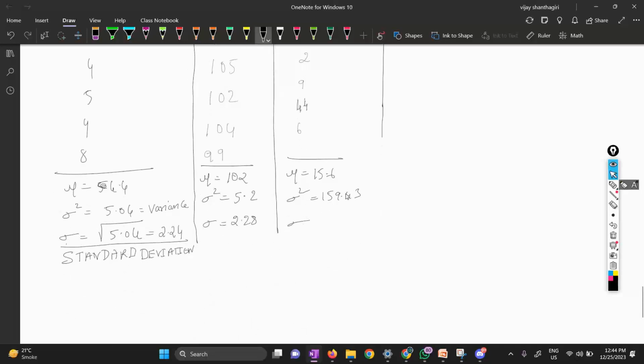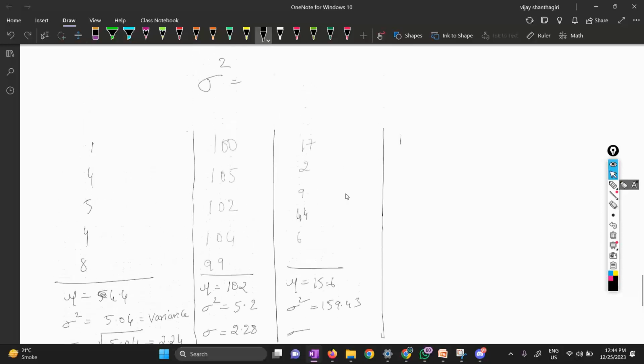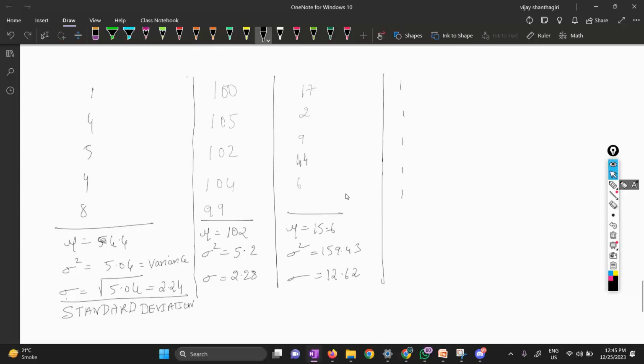So 12.62. Okay, here you have mu equal to 1, sigma squared is equal to 0, standard deviation is also equal to 0.